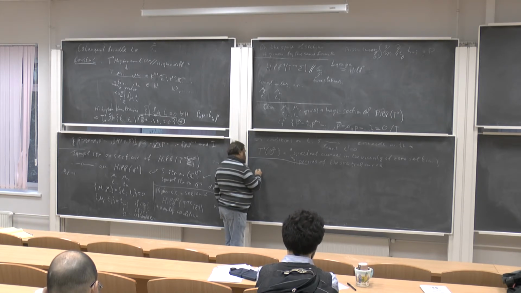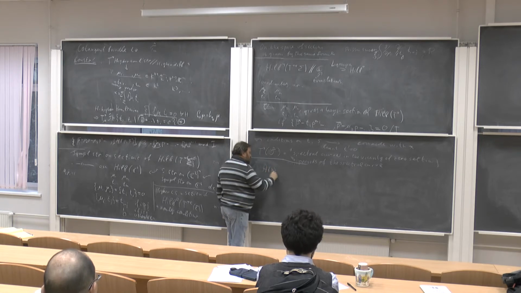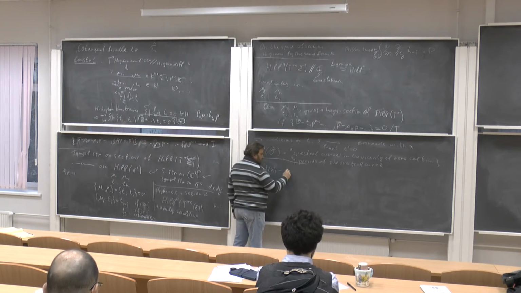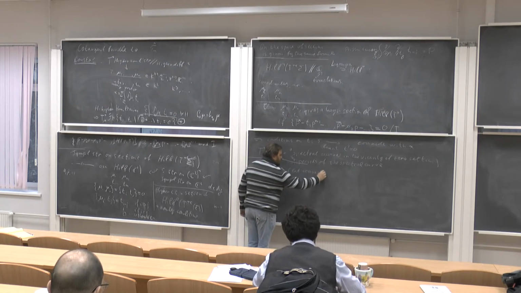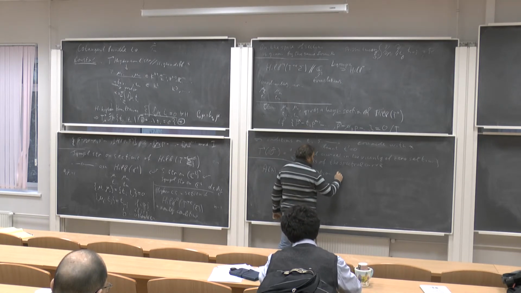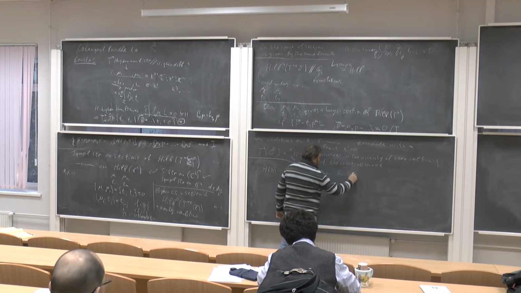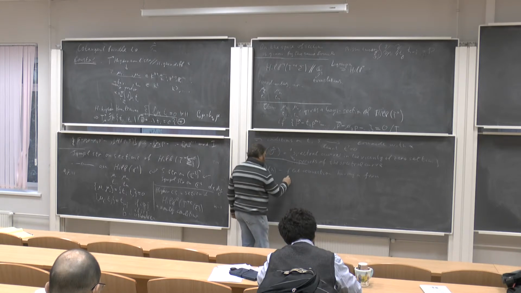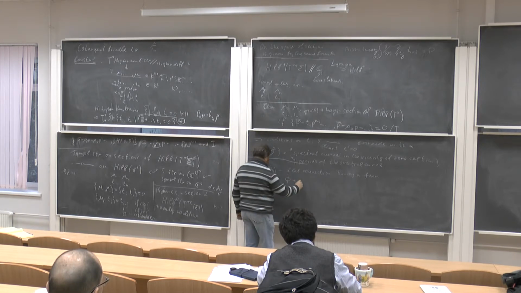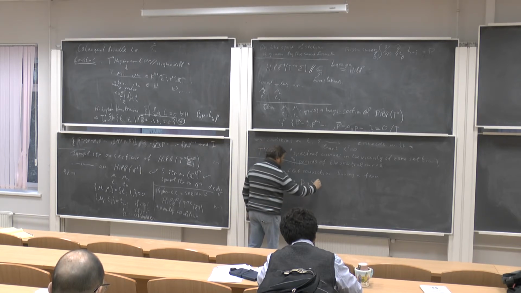Maybe I will write it down like that: A of lambda is a flat connection having the form d plus lambda phi plus lambda inverse phi bar.